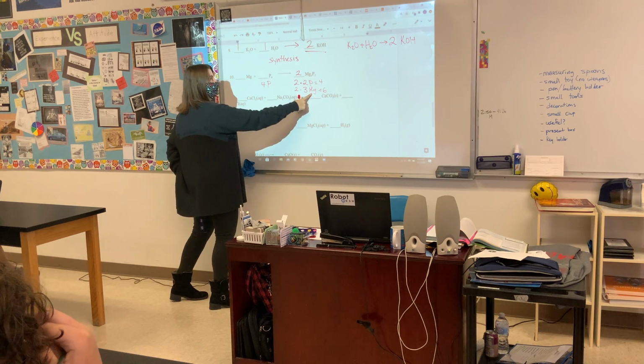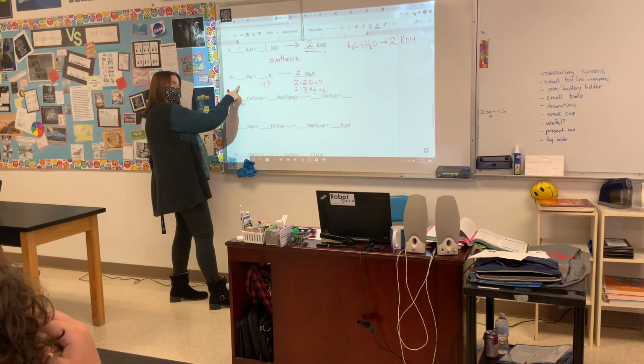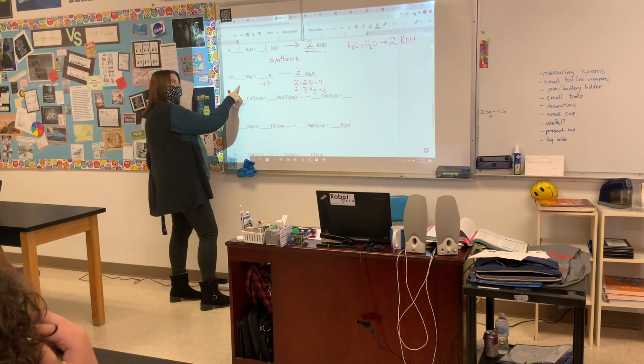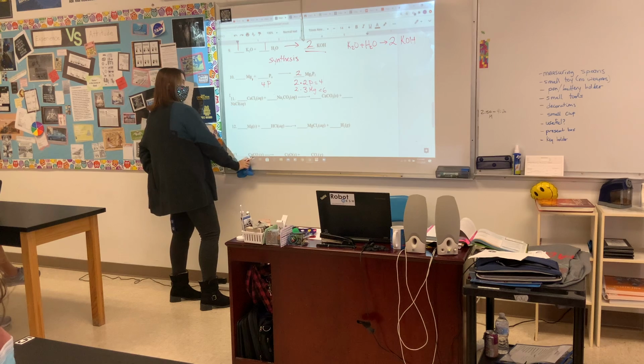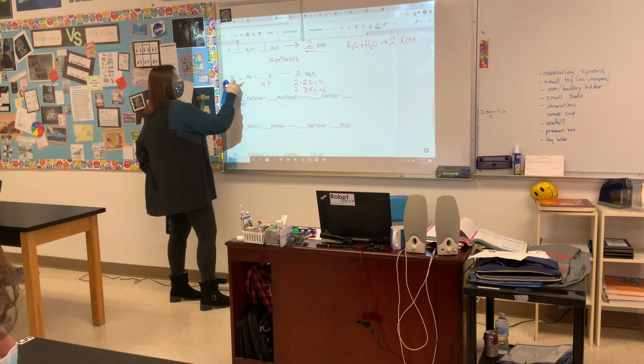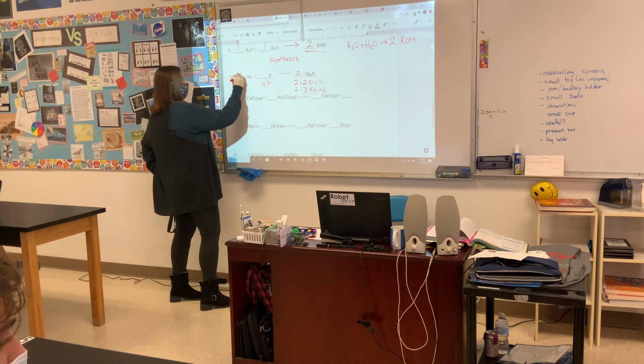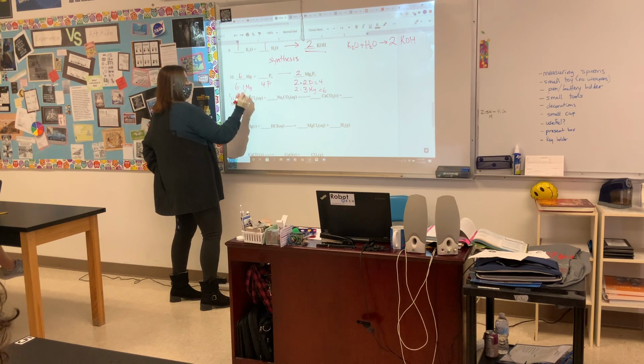How can I get 6 magnesium on this side? You put 3 in there. Why would I put a 3? Remember, this is like 1 times 6. This is like 6 times 1 magnesium, so I get 6.